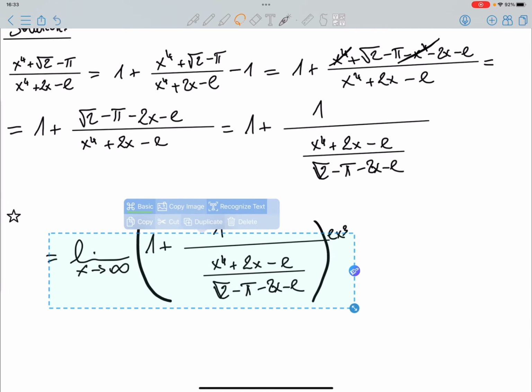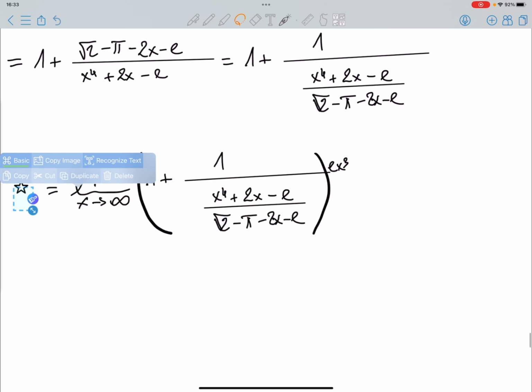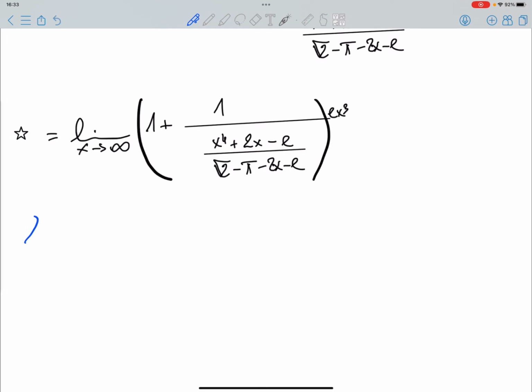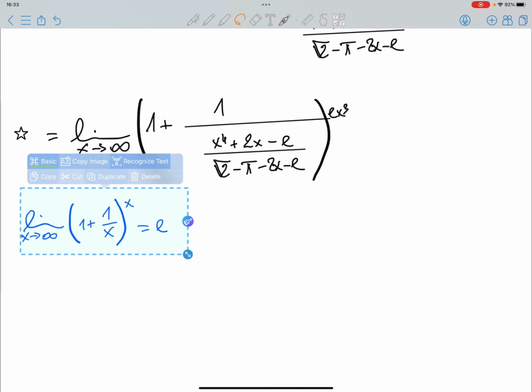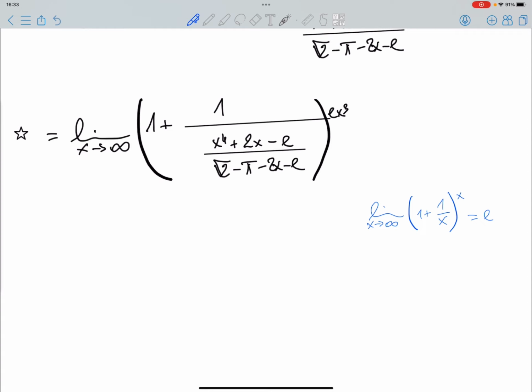So let's put it down here. Now we did this because, if we remember, the limit as x tends to infinity of 1 plus 1 over x, to the power of x, is equal to e. So what we want is the same thing in the exponent.